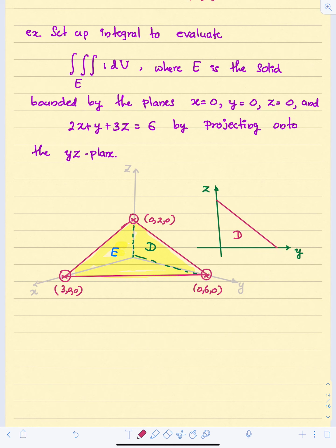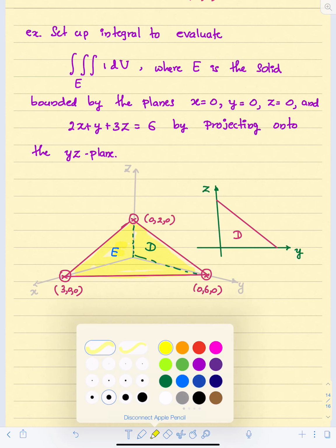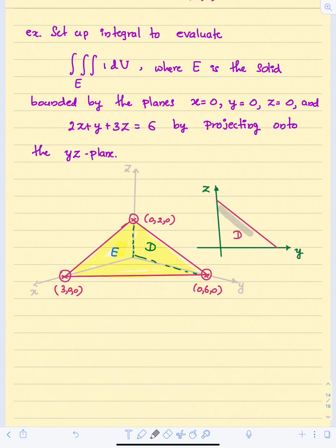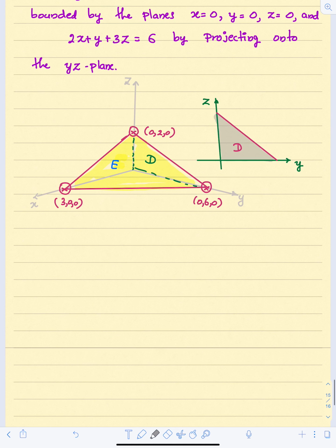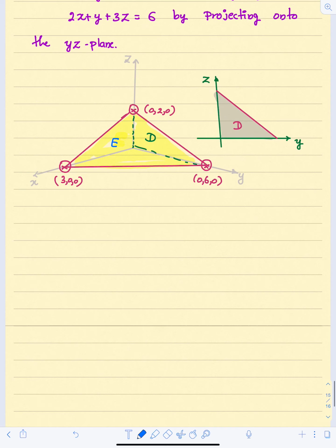This is our domain D. Let's set up the integral. The volume equals the triple integral of 1 dV over the domain E.